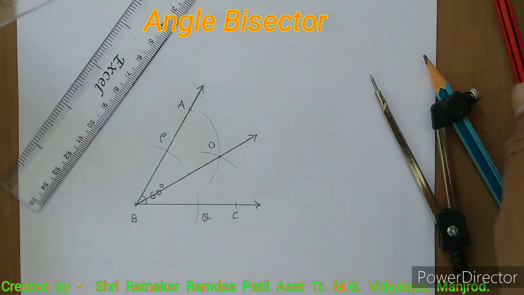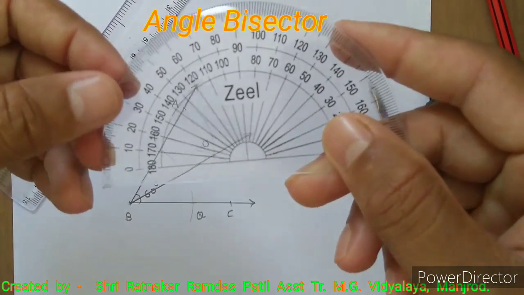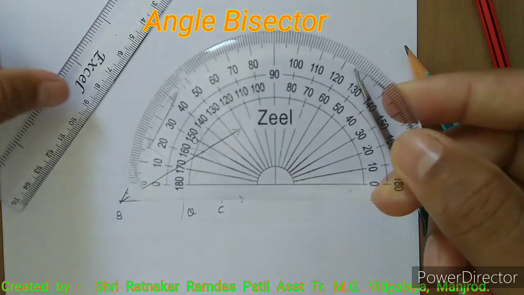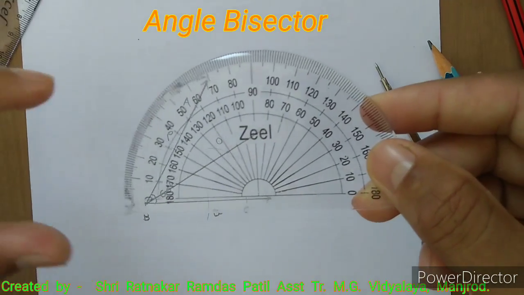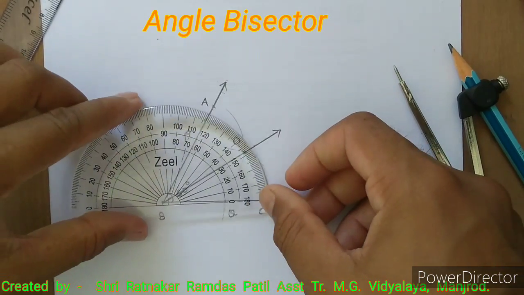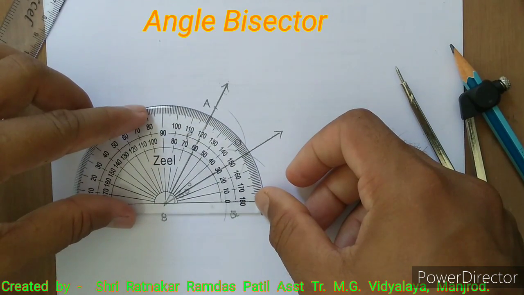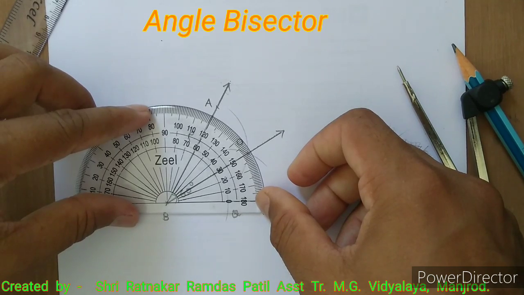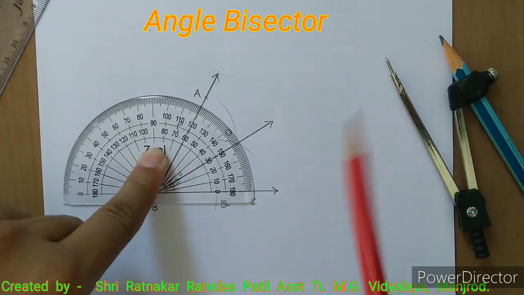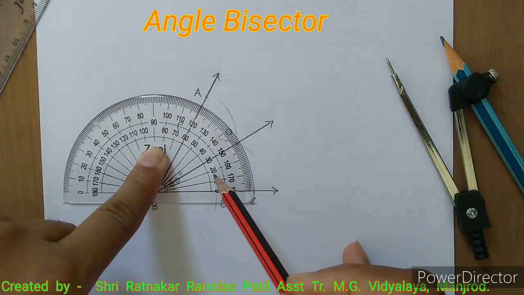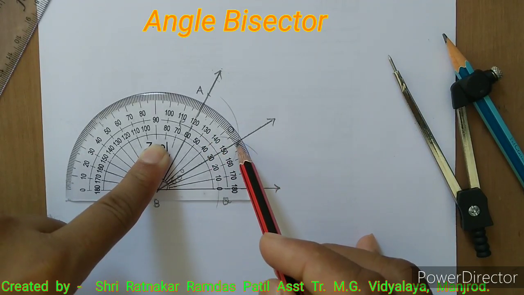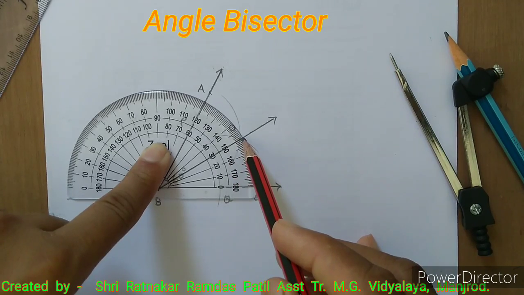To confirm, we use this protractor. By using this protractor we identify whether these two angles are equal or not. Now I put this protractor on this angle and you see that ray BO matches at the 30 degree point.